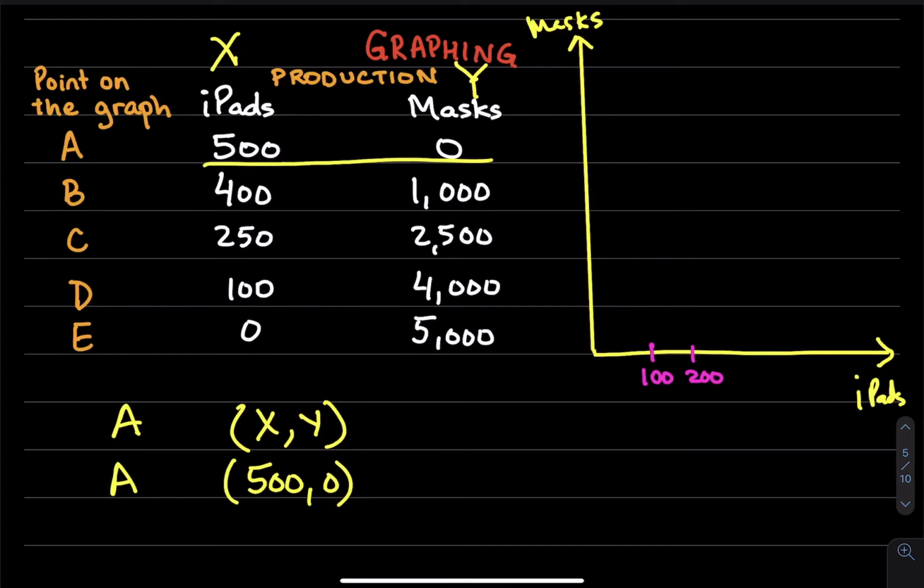Now I'm counting the number of iPads on the x-axis, so I'm going to draw a scale that is commensurate with the numbers we've got. Similarly, because mask production, in terms of number of boxes, is in thousands, it's easier to draw a scale in thousands.